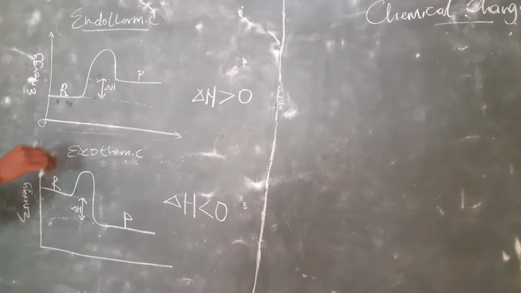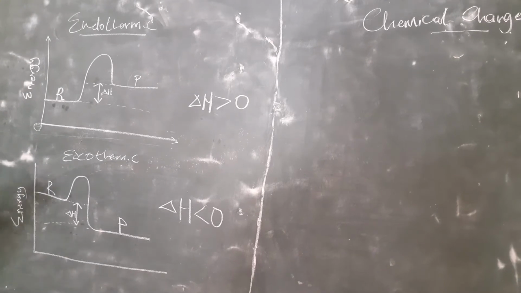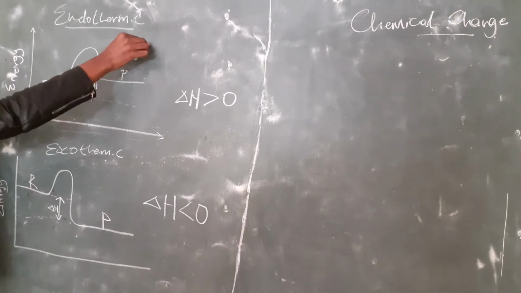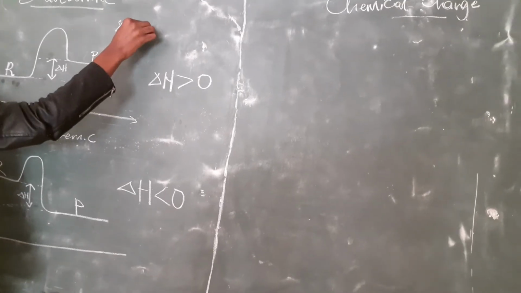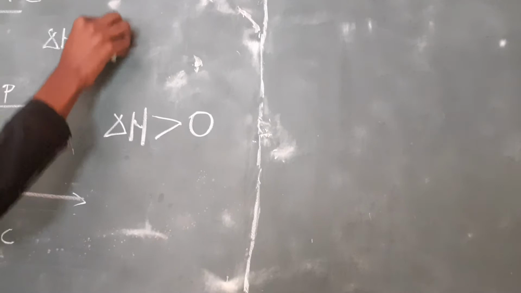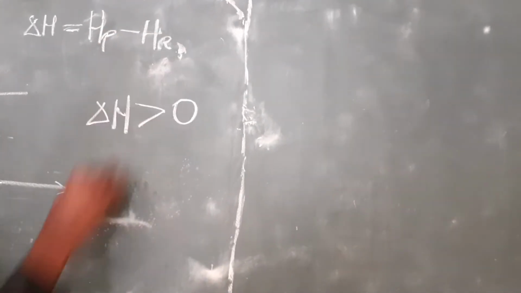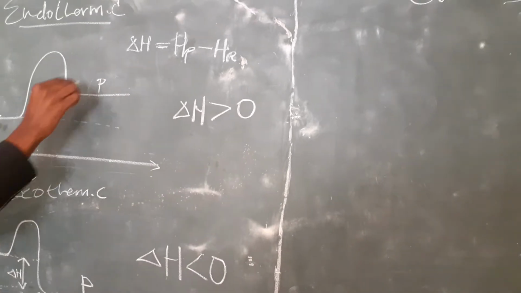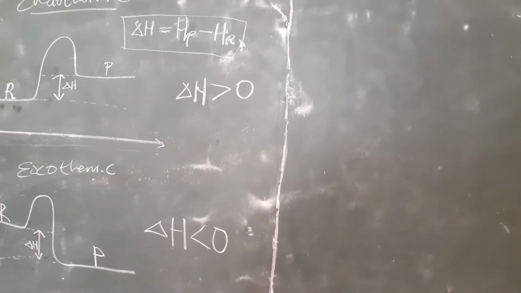So what we should understand about change in heat is that change in enthalpy is equal to the heat of the product, which must always subtract the heat of the reactants. This is the general formula when we calculate enthalpy or heat.